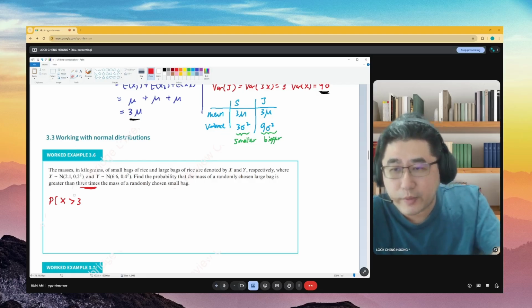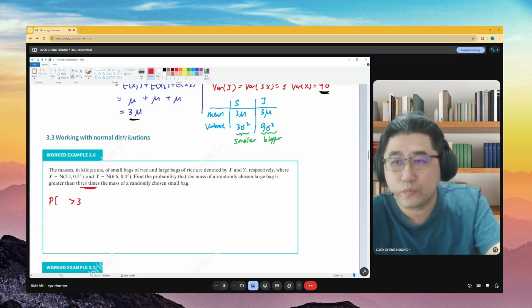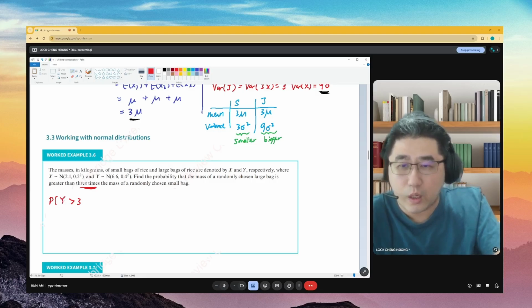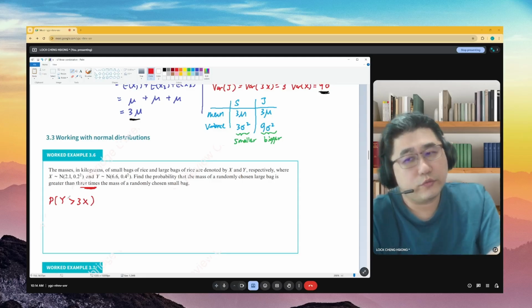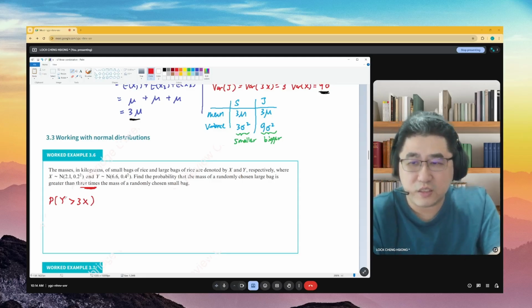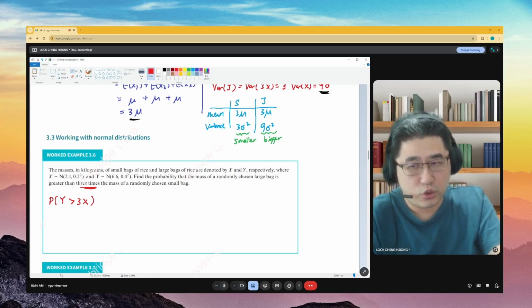Sorry, the large bag is y, and the small bag is x. Of course, for a first timer, when they see this, they have no idea how to do the probability calculation involving two variables like this. So first thing first, we move everything to one side.